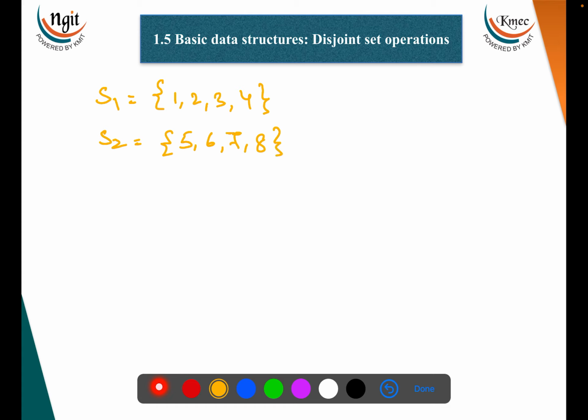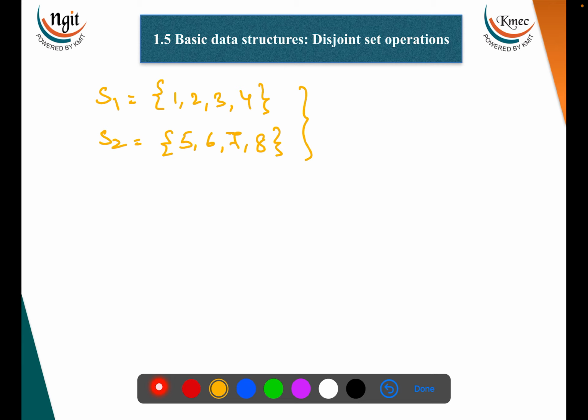This is the example to understand how disjoint sets work. After we know how it works, we will come to know where it is applicable. Assume two mathematical sets, S1 and S2, where S1 is {1, 2, 3, 4} and S2 is {5, 6, 7, 8}.